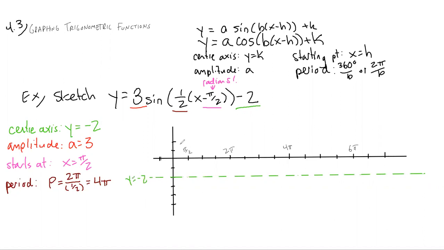So there's my y equals -2, and then my amplitude is 3, so it tells me to go up 3 and down 3. And again, just draw a dotted line, which they don't give me that option.